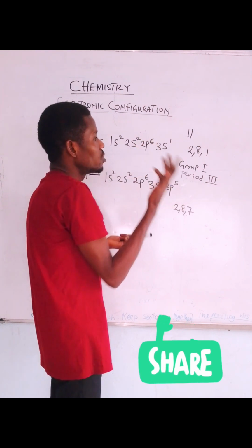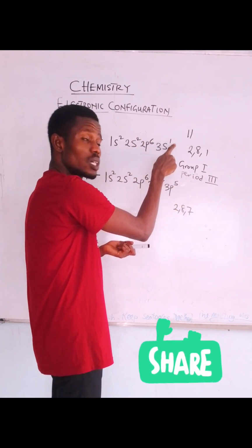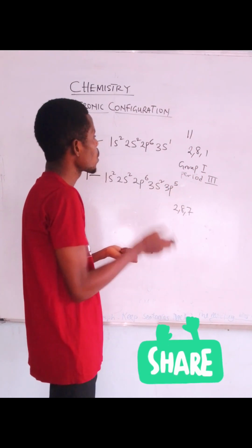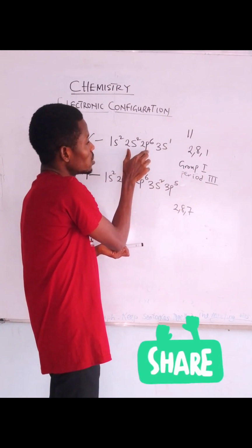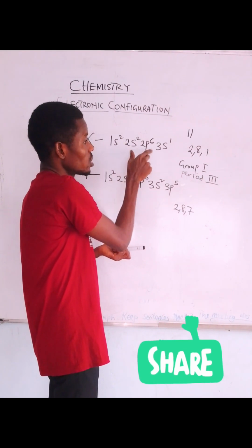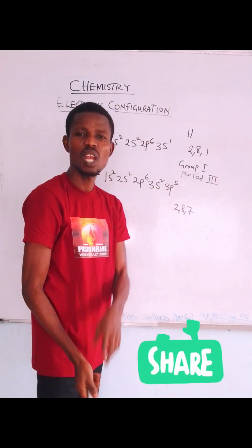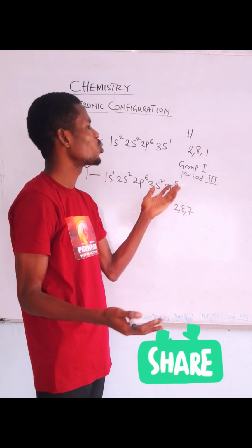So from here you can simply say there is only one electron in the outermost shell, which is group 1. The period as well: this is the first shell, the second shell, just look at the number of shells. That's period 3.